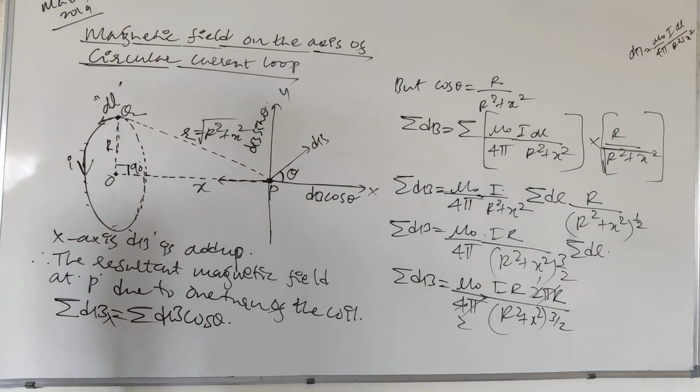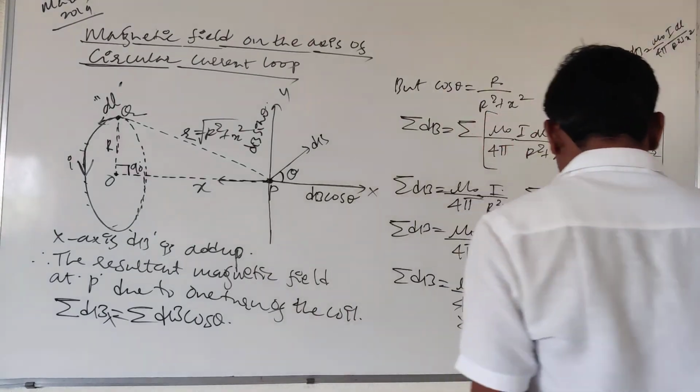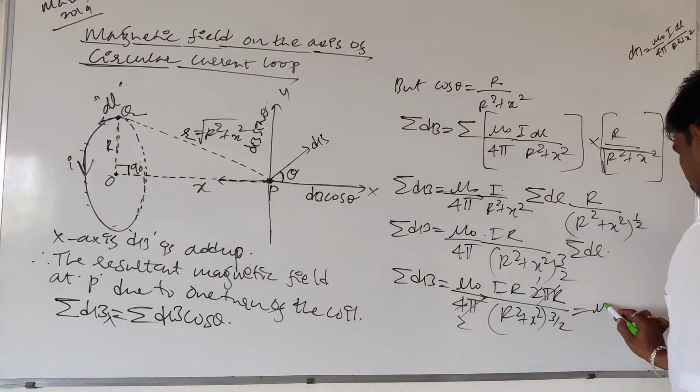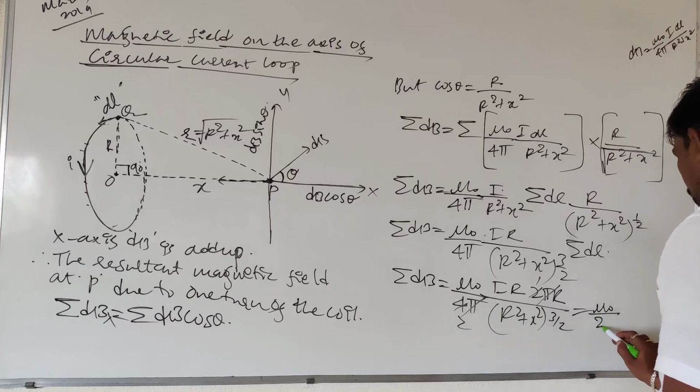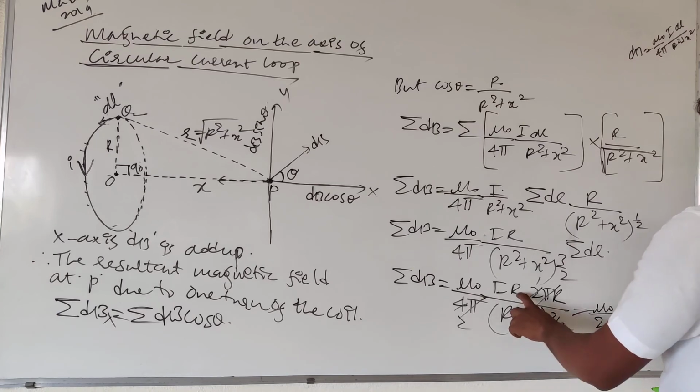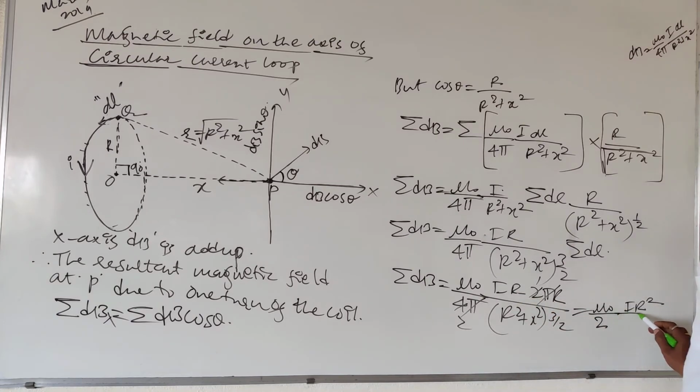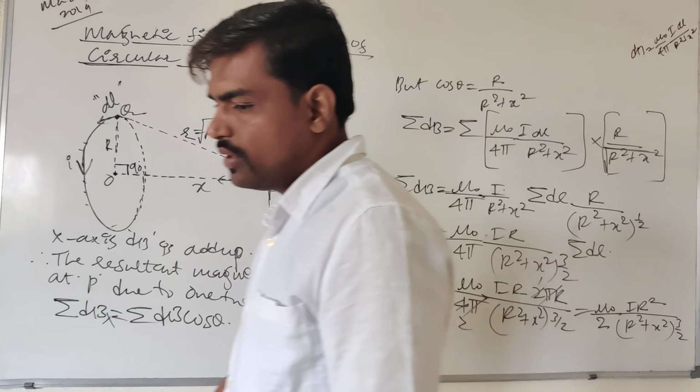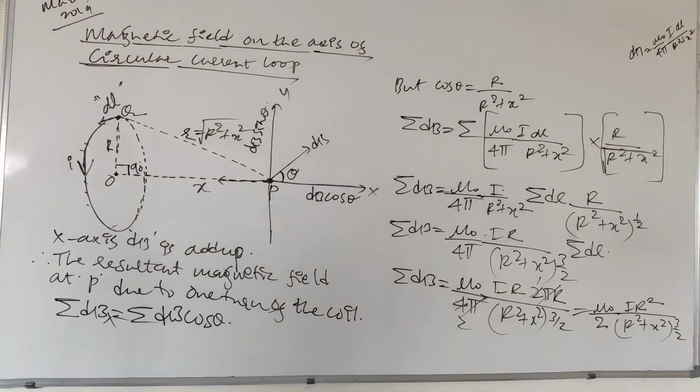Right? So then after this, what happens is mu naught divided by 2, I R square, right? So the whole thing divided by R square plus x square raised to 3 by 2. So this is our equation.